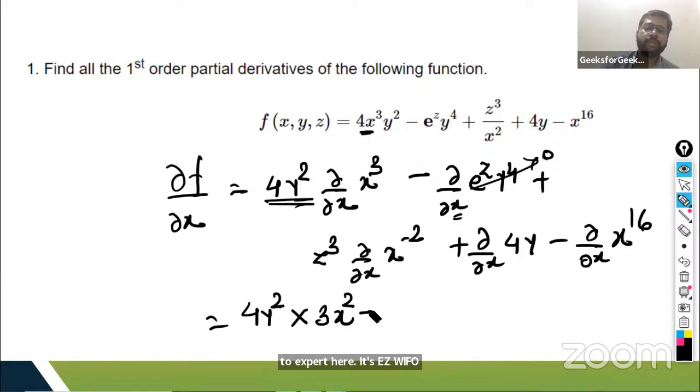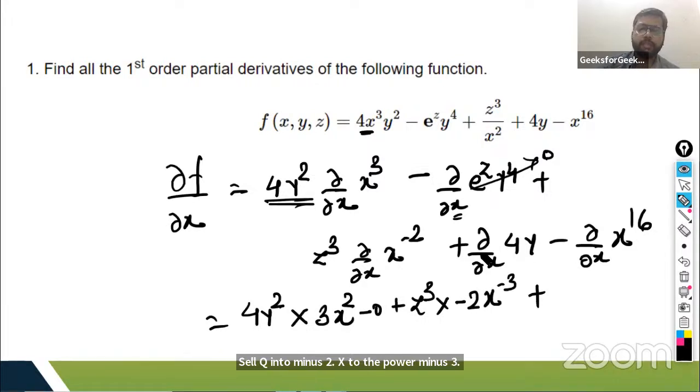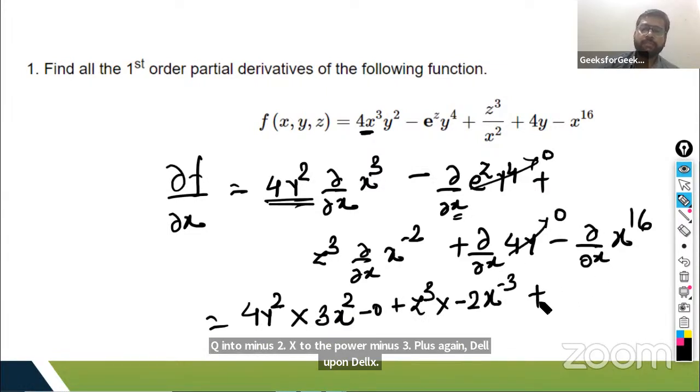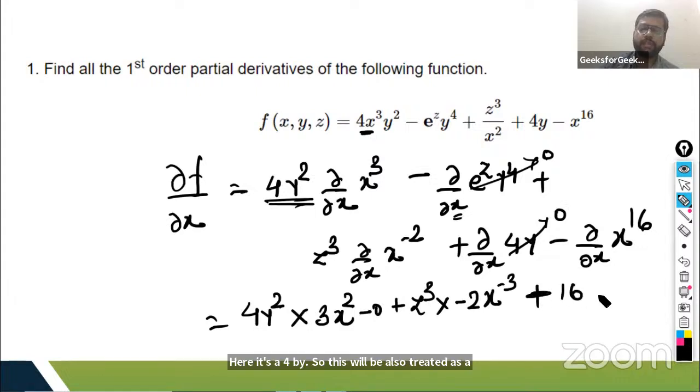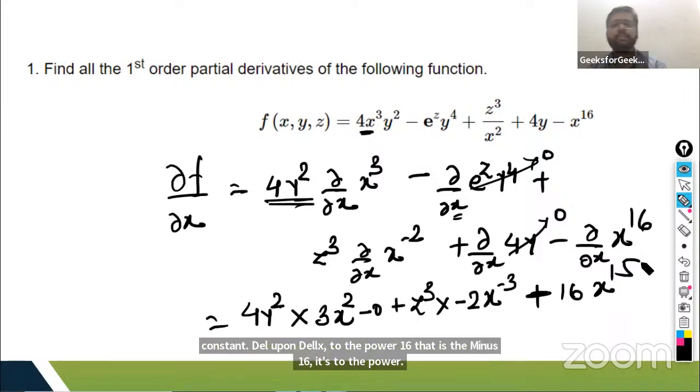So the value will come as 0, plus z^3 into minus 2x to the power minus 3, plus again del upon del x. Here it's 4y, so this will also be treated as a constant. Del upon del x of x to the power 16 is minus 16x to the power 15. This is the partial differentiation of this function.